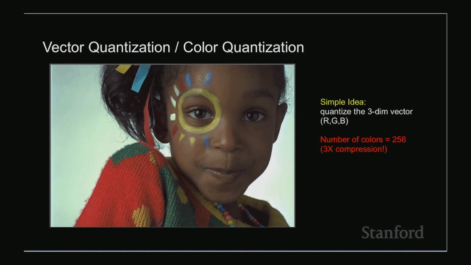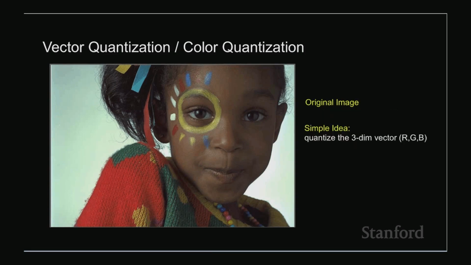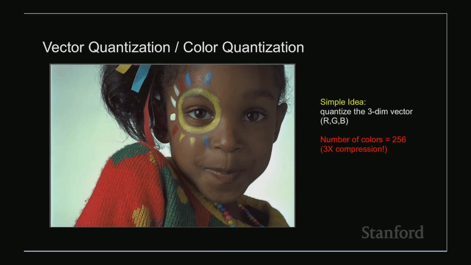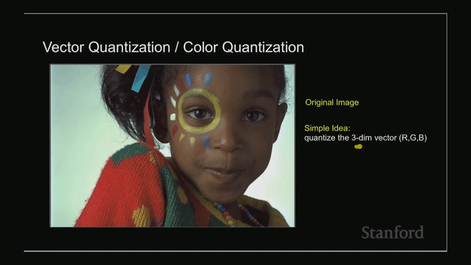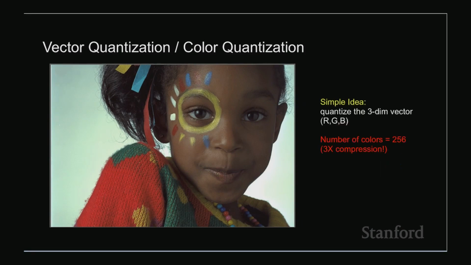And so in this image, we had 3 dimensions, each of these were 8 bits, right? So RGB, each of these was 8-bit. But now I can just represent this image using only 256 colors.